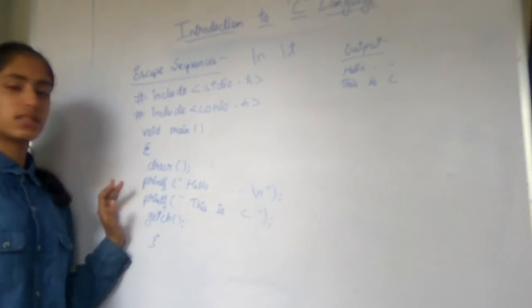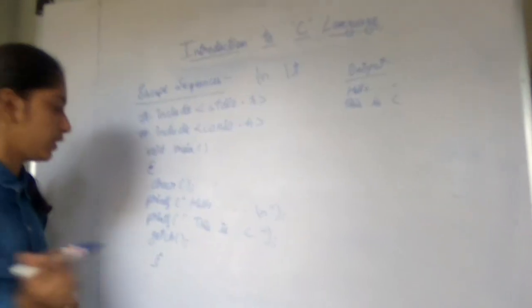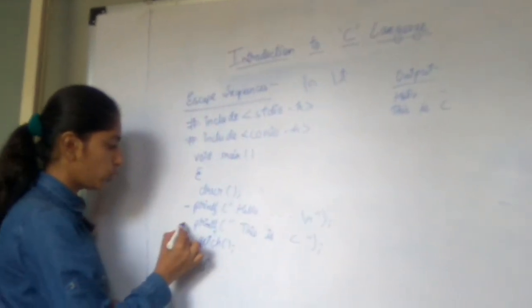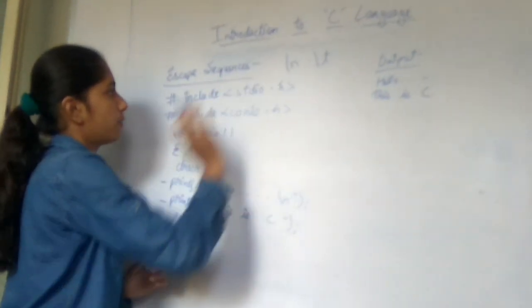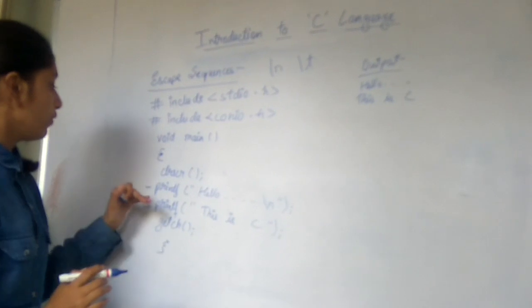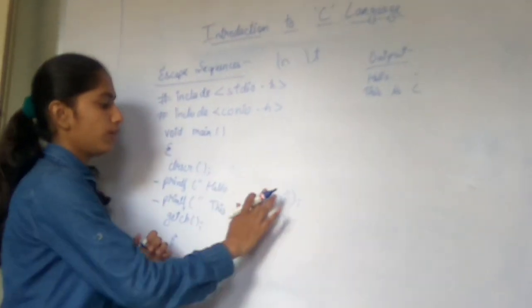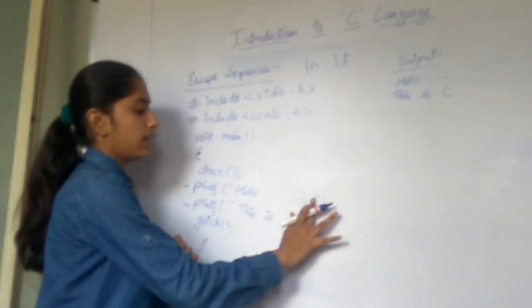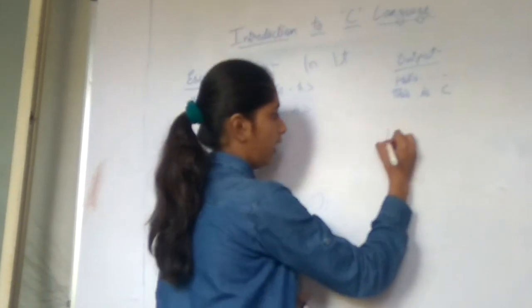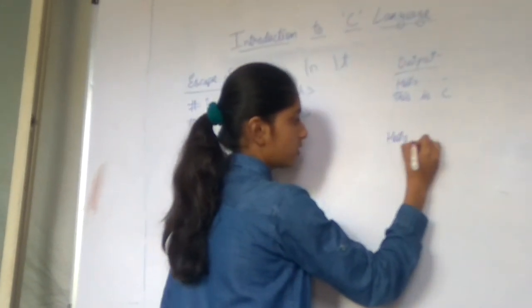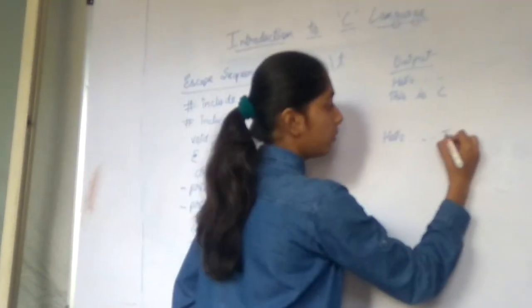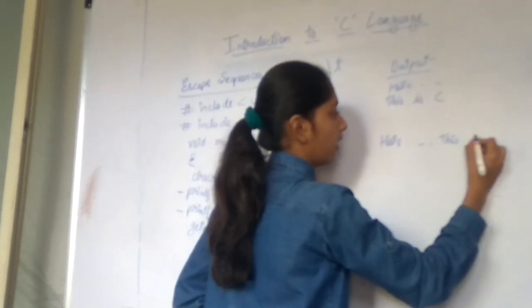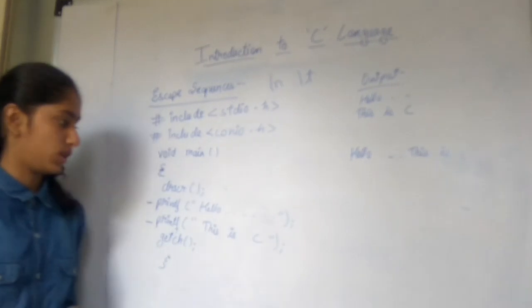So this code is similar to the previous code, the only difference is that here I am using two printf to demonstrate the working of escape sequences. When you use these two printf, if you do not write this \n, then the output will be hello, my first message, and the second message, this is C. It will be printed on the same line as you have seen during the execution.